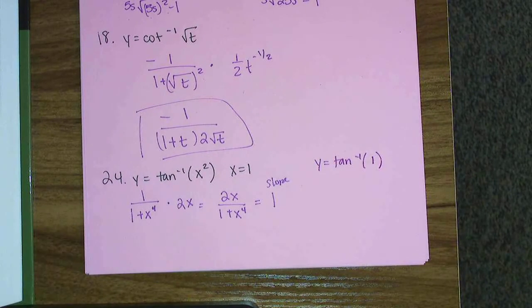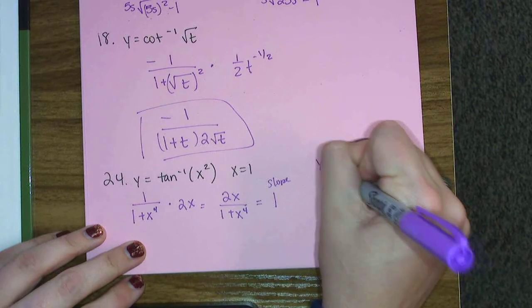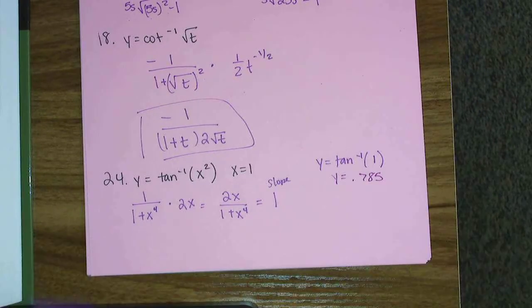I don't remember off the top of my head what the arctangent of that is. Oh, that's 45 degrees. Try it in radians and see what you get, but even what I think you're going to get in radians is not what this answer is supposed to be, I don't think. 0.785. Yeah, I think that might be it. Yeah, that'll work. Okay.